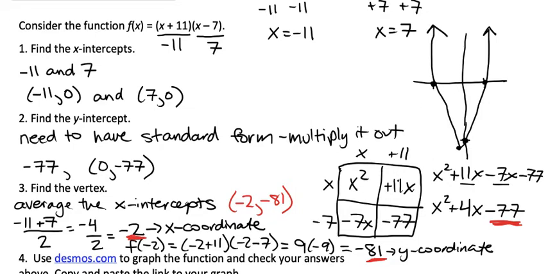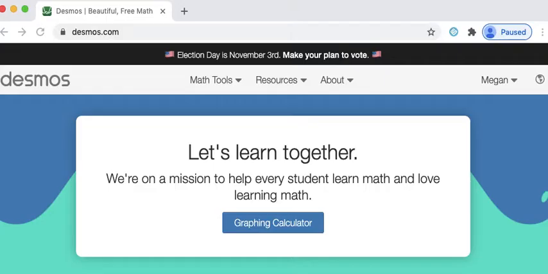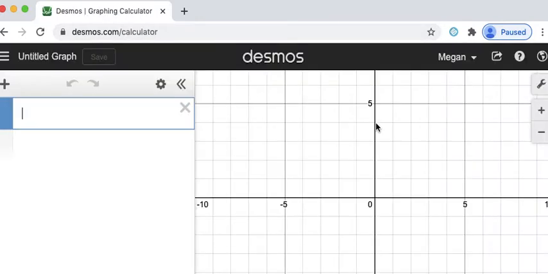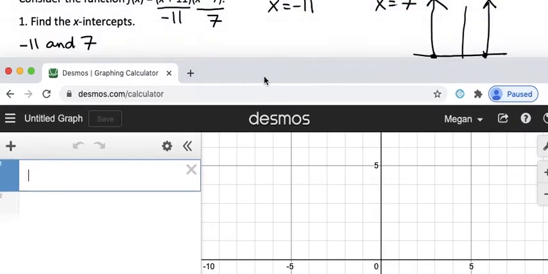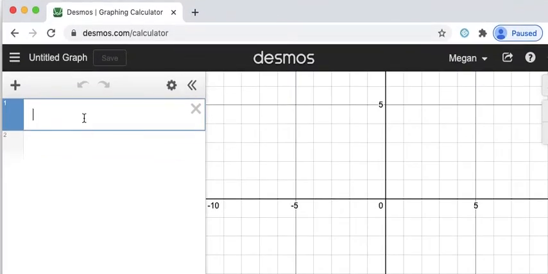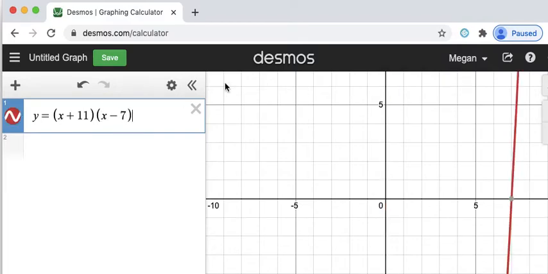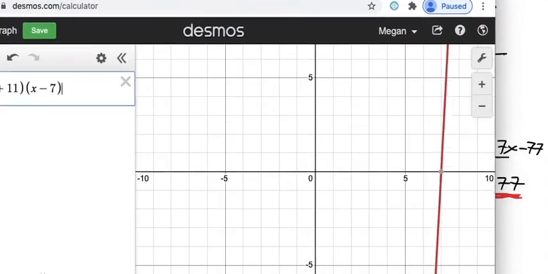And lastly, we're going to go to Desmos.com to graph the function and check our answers. So my function here is x plus 11 times x minus 7. So I'm going to type that in and then look at my graph.